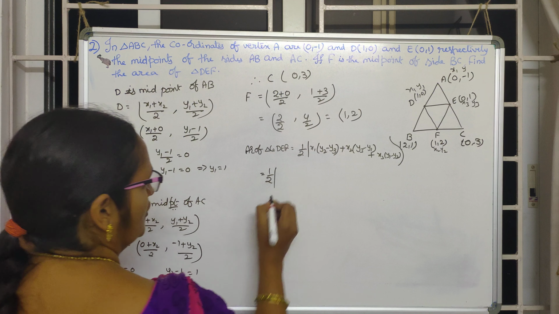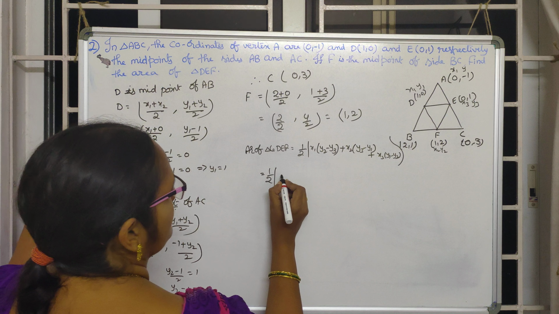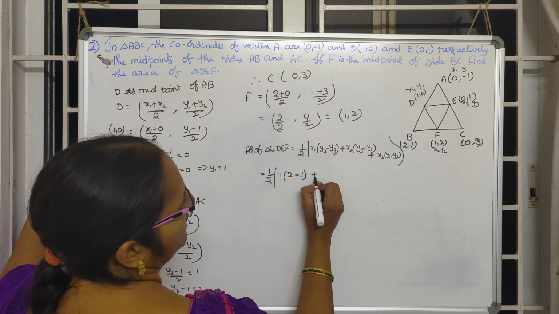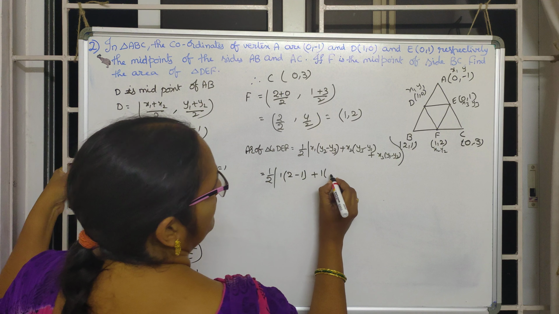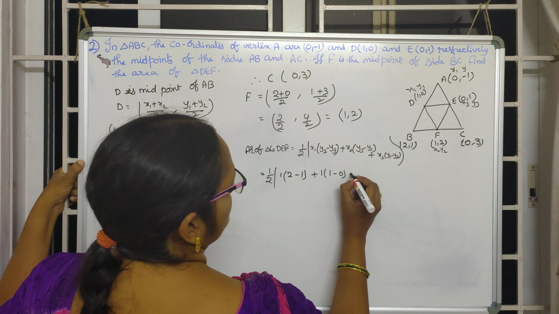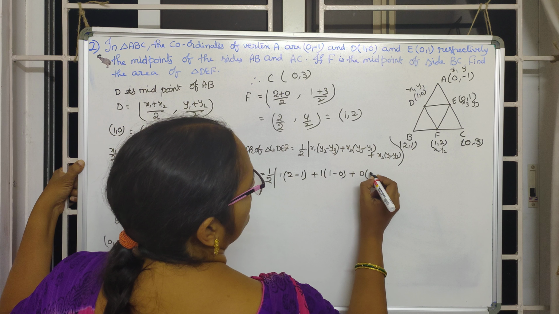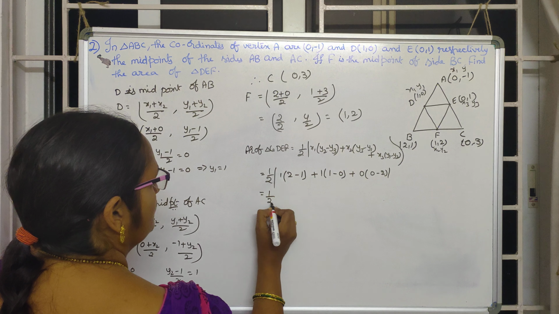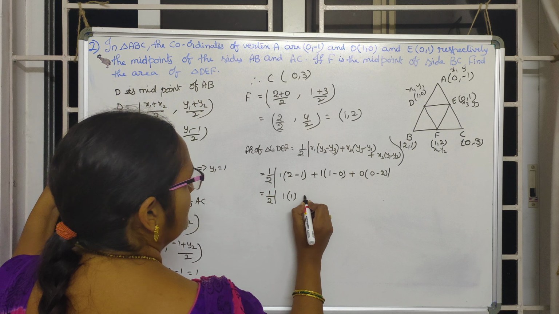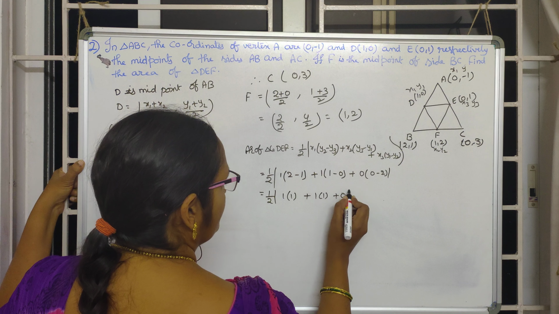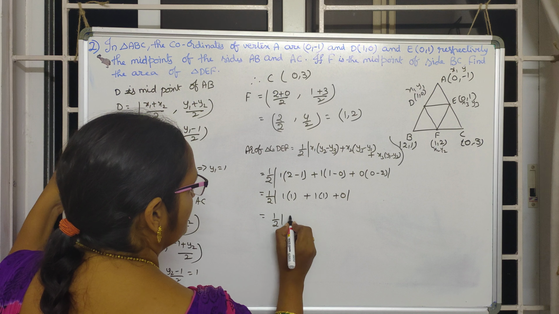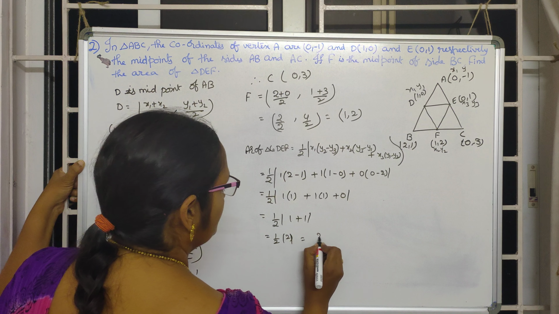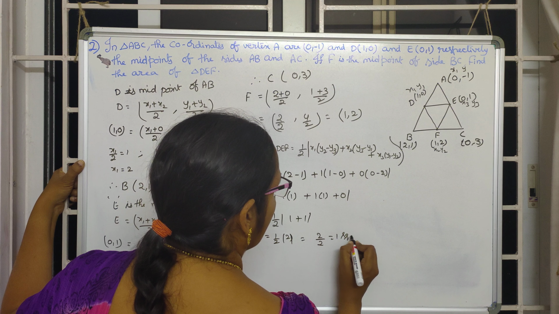Equals half modulus of x1 is 1 into (y2 is 2, y3 is 1) plus x2 is 1 into (y3 is 1, y1 is 0) plus x3 is 0 into (y1 is 0, y2 is 2). Half modulus of 1 into 1 plus 1 into 1 plus 0. Half modulus of 1 plus 1. Half modulus of 2, that is 2 by 2, equals 1 square unit.